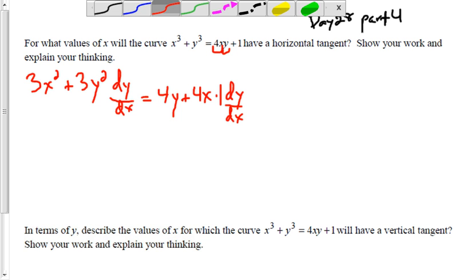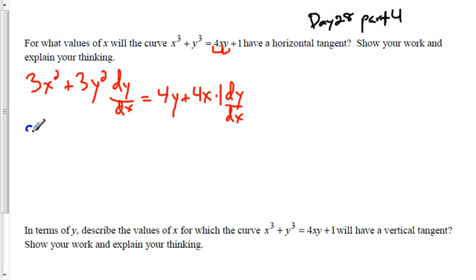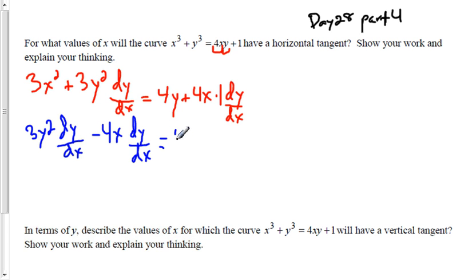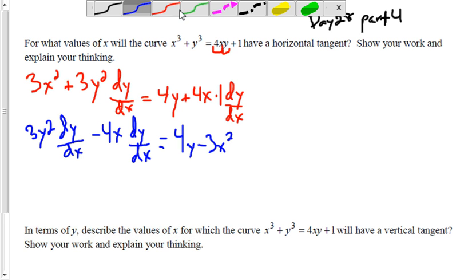So our goal is to get all the dy/dx's on one side. Let's bring them all over to the left. So 3y squared dy/dx minus 4x dy/dx. Get everything else on the other side. So we'll have 4y minus 3x squared.